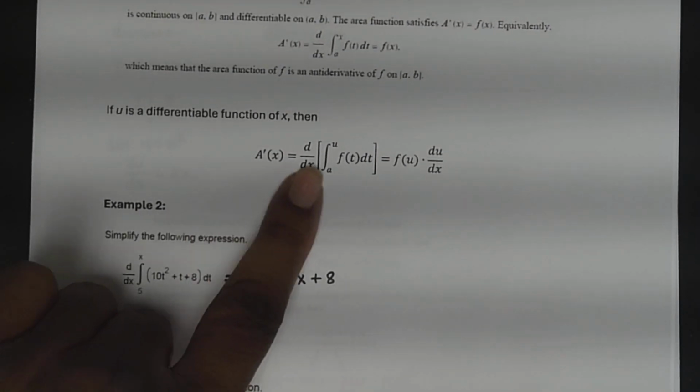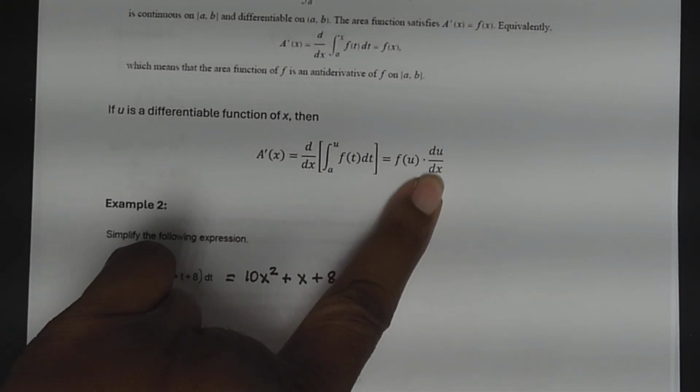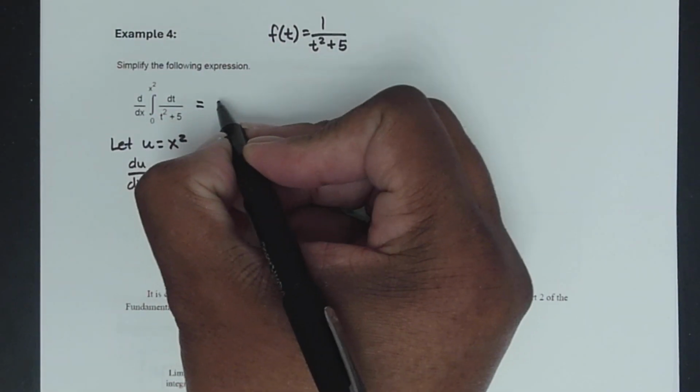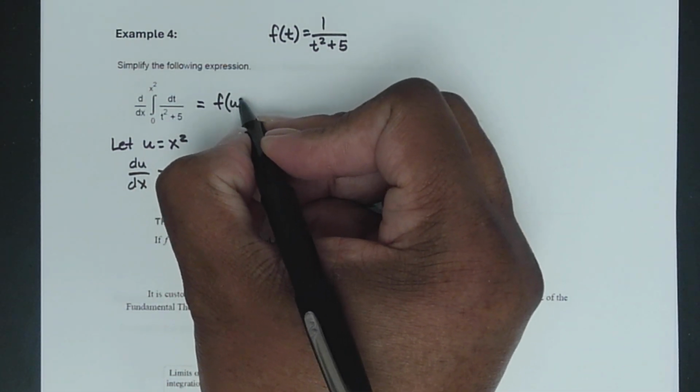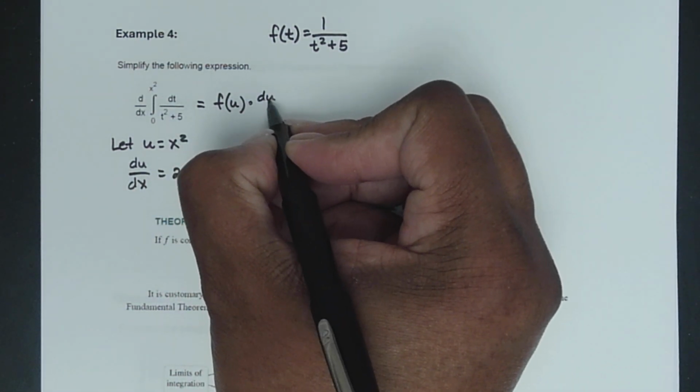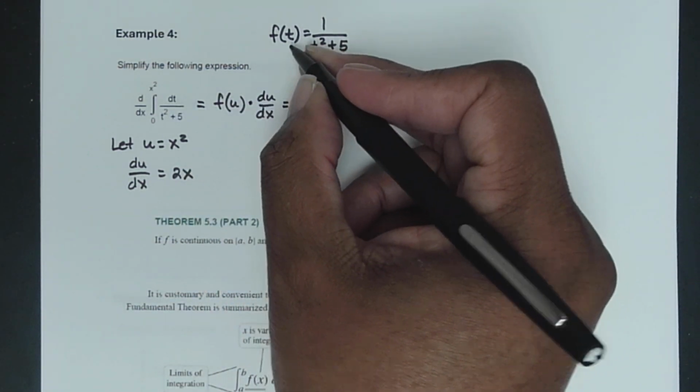Okay. So in this case, I need to follow this right here. That's going to be equal to f of u times du dx. So this will be equivalent to f of u times du dx. Now let's find out what f of u is going to be.